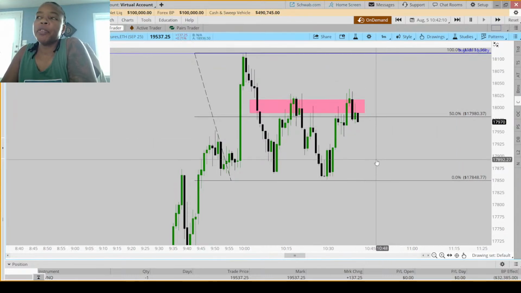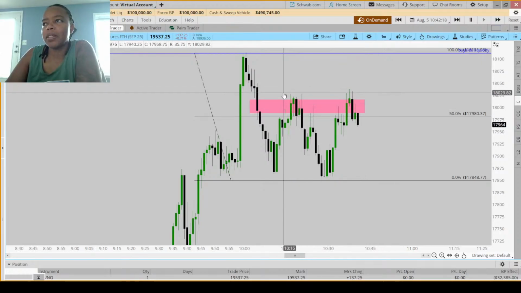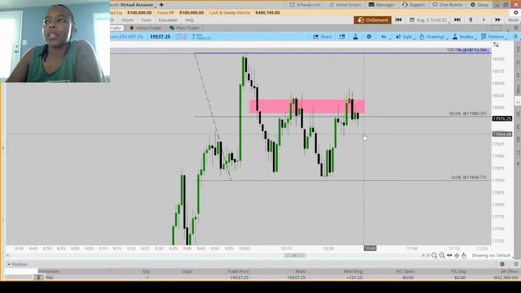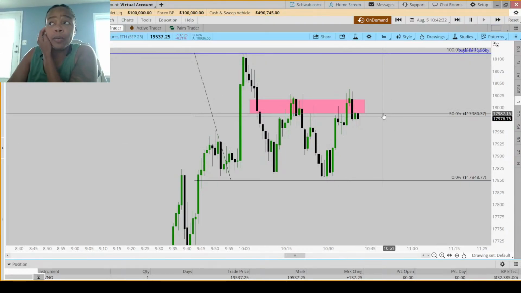Though it is above the 50% of the range. So there's a part of me that wants to take the trade now that we've swept this a little bit. But again, need a shift. Need a shift. Take this low out. But it's a range, and ranges and I aren't friends. Ranges chop me up. Ranges cost me money. So no, I wouldn't be taking that.